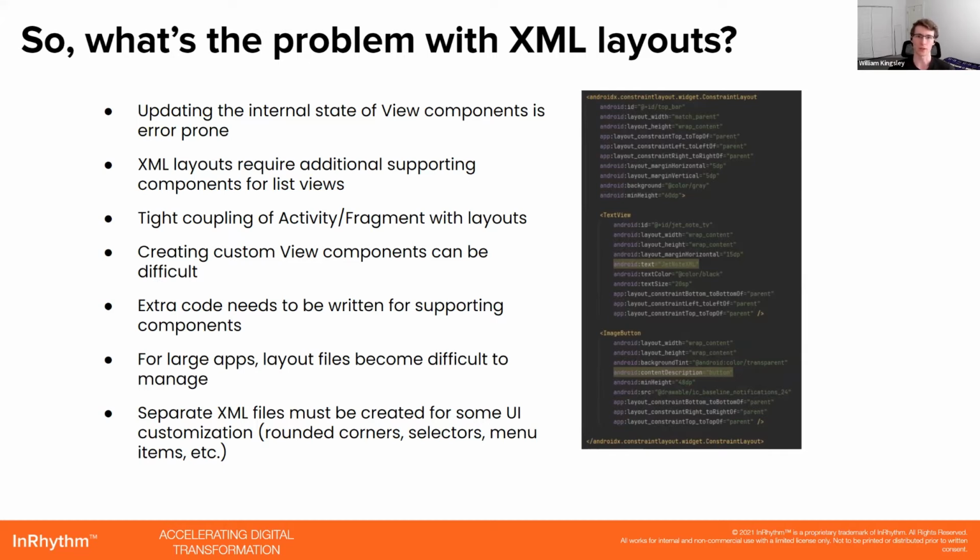Additionally, if you want to create some type of selectors or menu items, each of those need to also be created as their own XML files. So using XML, while it is a very, very mature solution for creating UI with a view system, it's a bit clunky compared to the modern alternative.